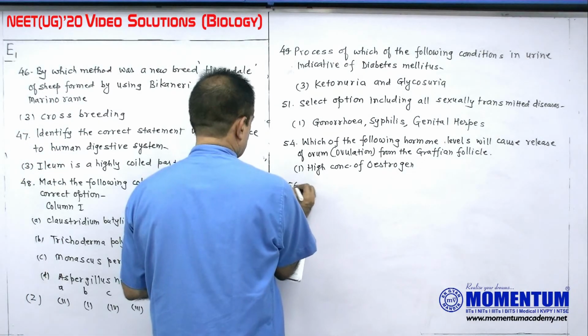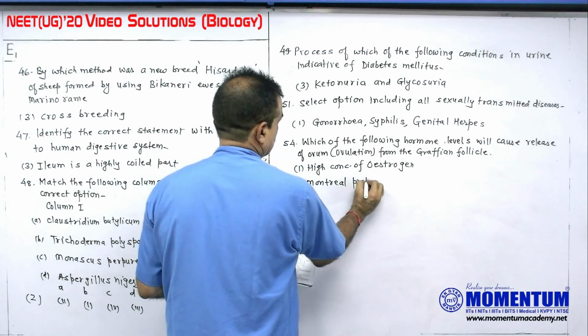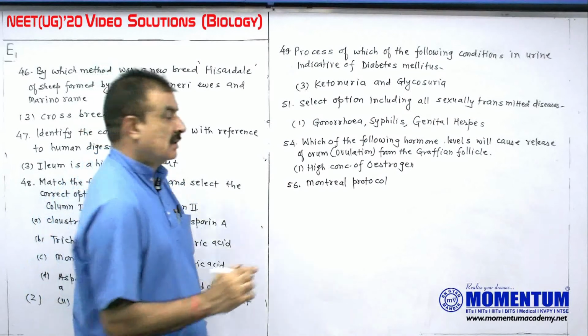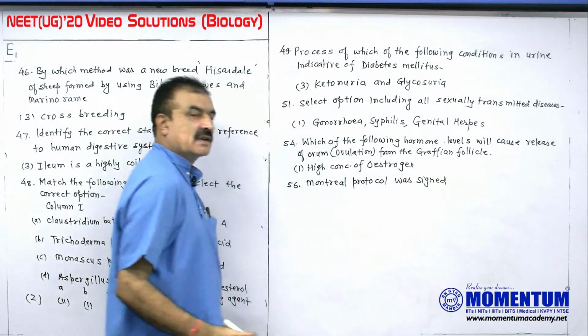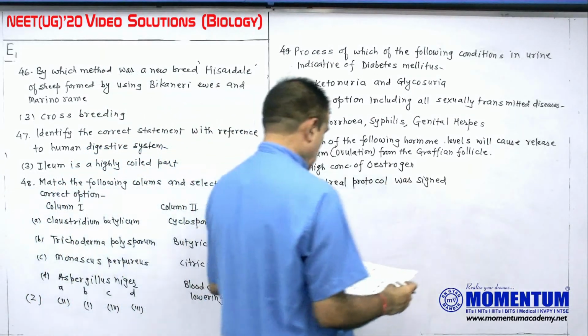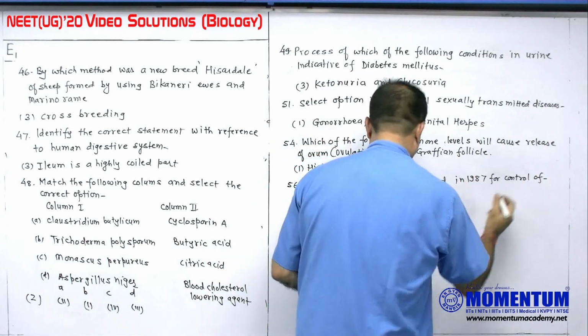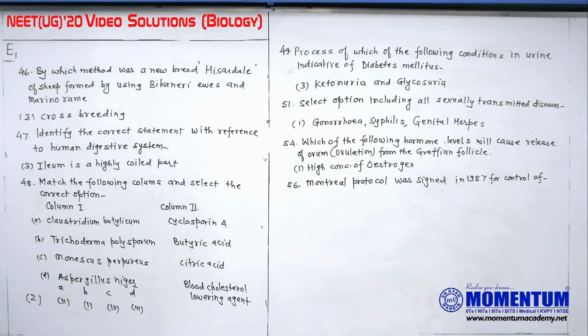56: Montreal Protocol was signed in 1987 for control of emission of ozone depleting substances.